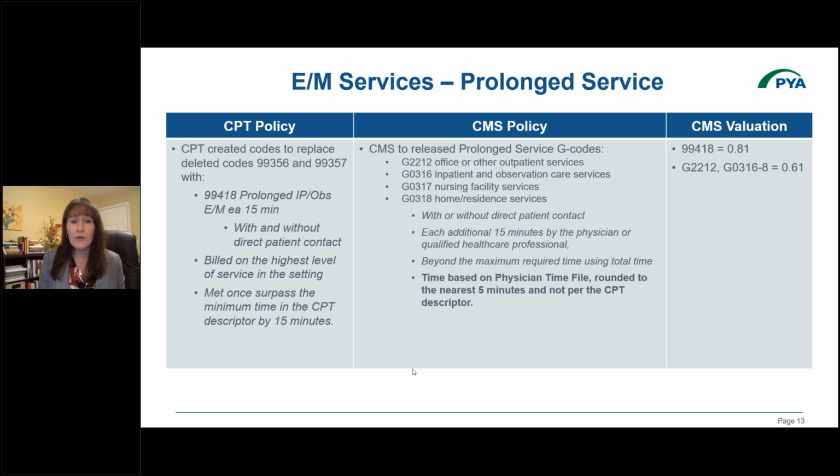The time on the CPT side is met once you surpass the minimum time in the CPT descriptor by 15 minutes. So you have a range of time, use the lower amount of that time, and once you pass 15 minutes in excess of that, then you can start billing your prolonged service codes every 15 minutes.